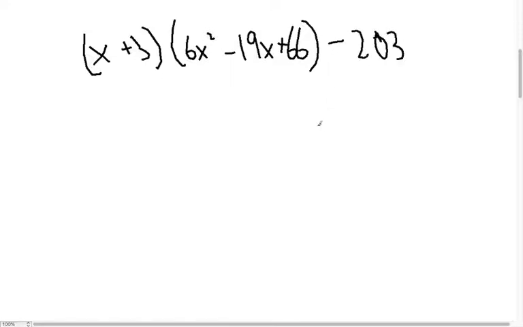And looking at this, you can tell that this middle part can be simplified even further. So let us do that.